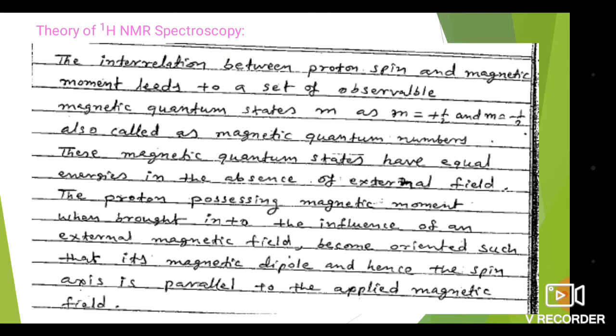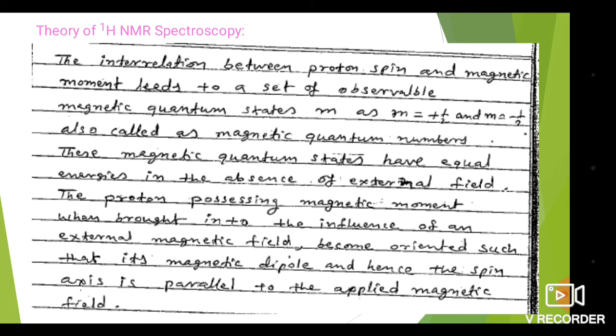The interrelation between proton spin and magnetic moment leads to a set of observable magnetic quantum states, that is, m equal to plus half and m equal to minus half. So this splits into two magnetic quantum states, m plus half and m minus half, also called magnetic quantum numbers.